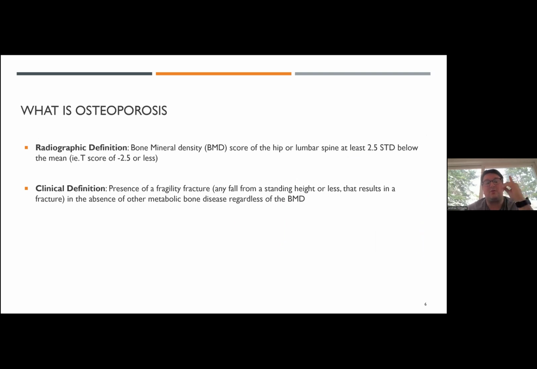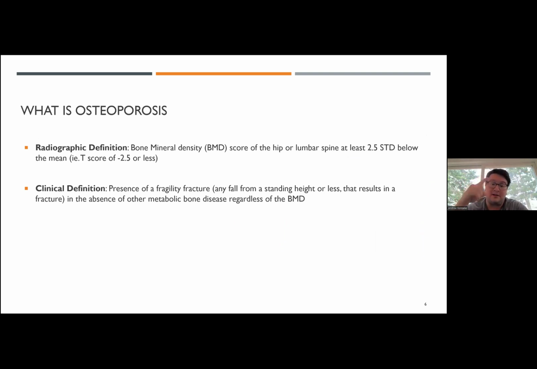There's both a radiographic and a clinical definition. The radiographic definition is a bone mineral density of the lumbar spine or hip that's at least 2.5 standard deviations below the mean. You'll see that as that typical T-score that I'll get into more, at least negative 2.5 or less.